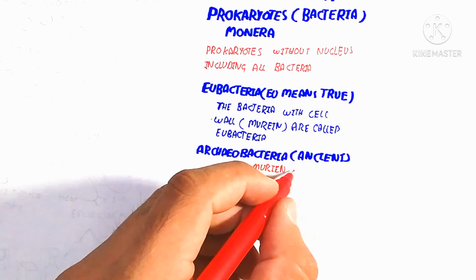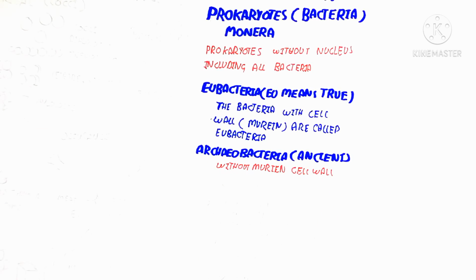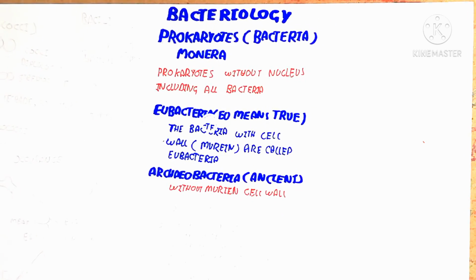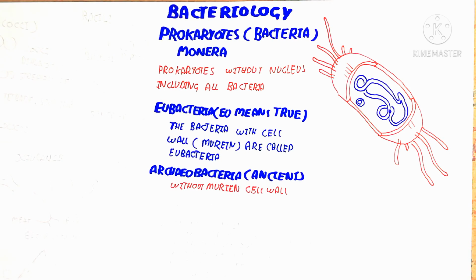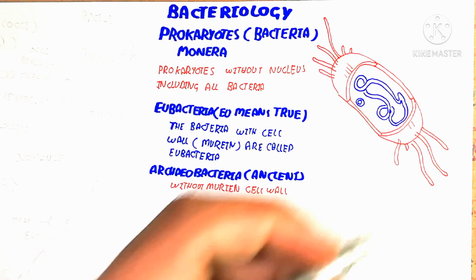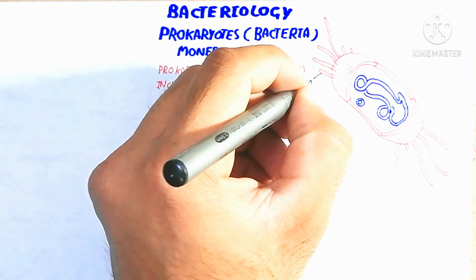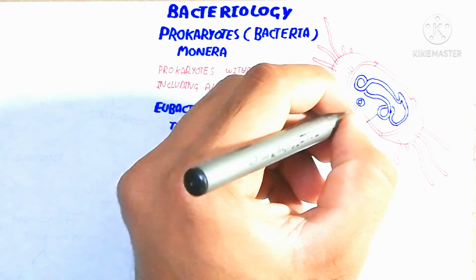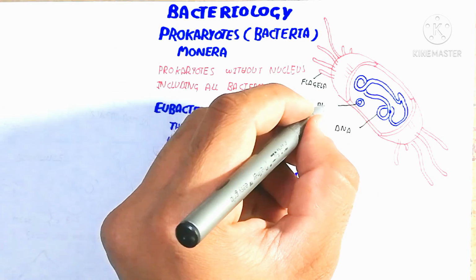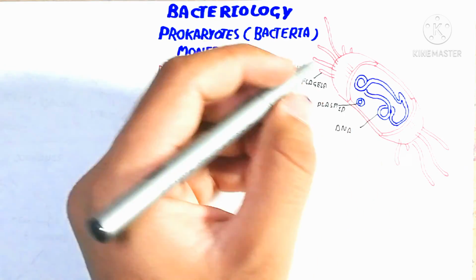So the bacterial structure contains two types of DNA. First is the plasmid, which is a smaller circular DNA, and the big circular DNA, which in the form of a nucleoid is known as the DNA.